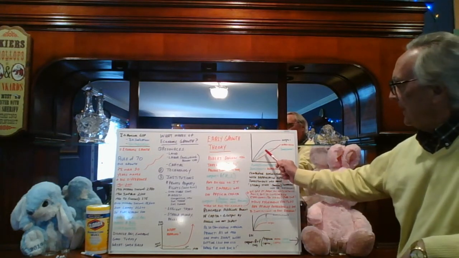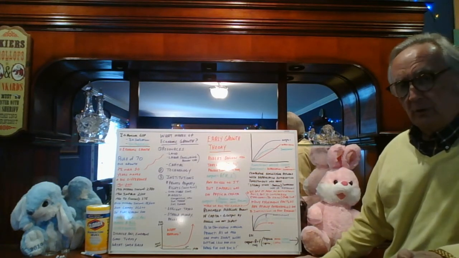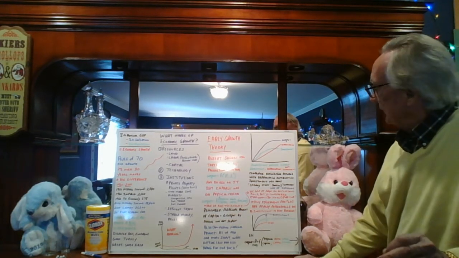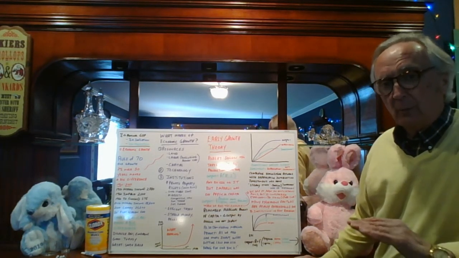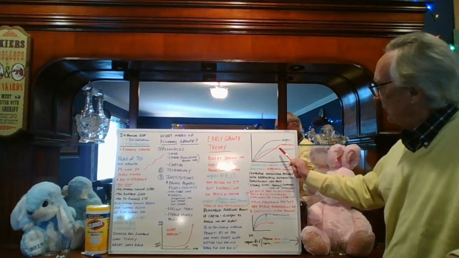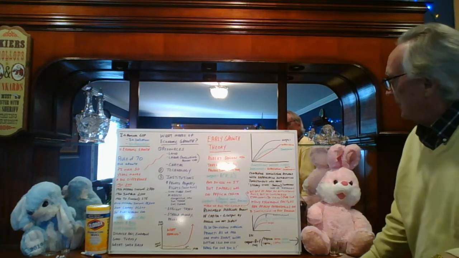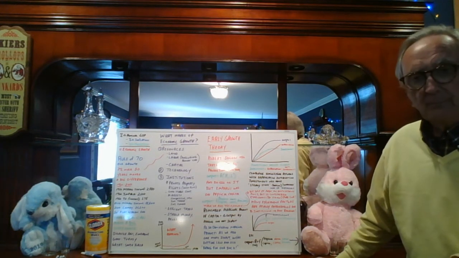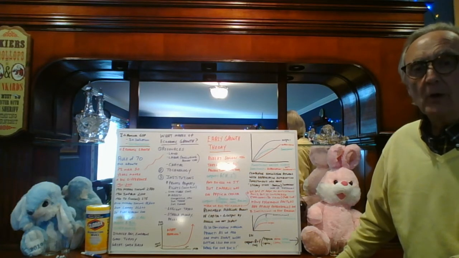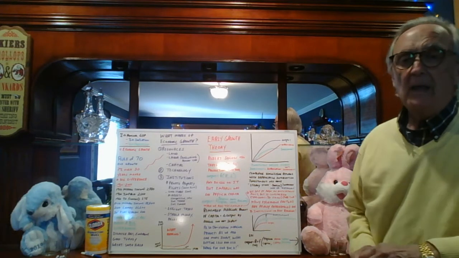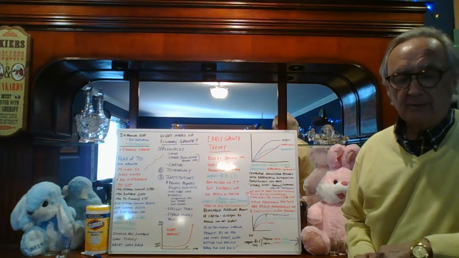Then it starts to taper off because of diminishing returns. But here's where Solow tells us we're going to hit a state where we stop investing. When that depreciation schedule hits investment, when depreciation equals investment, there's not going to be any more new investment. And we're going to go into what he calls the steady state.